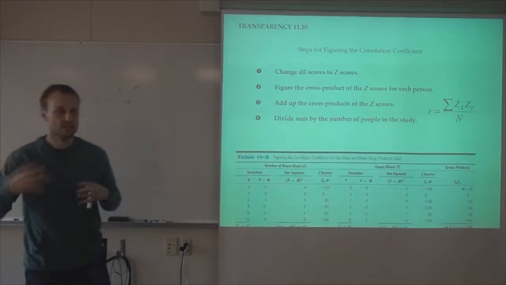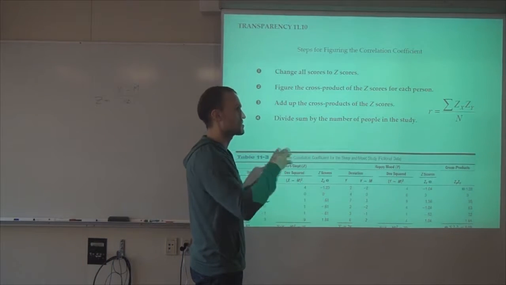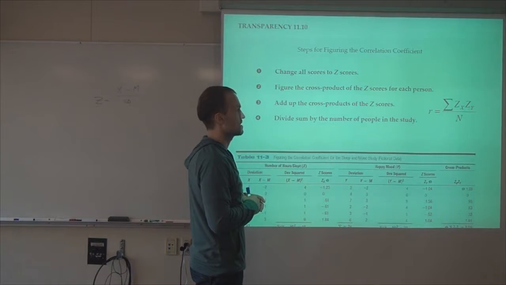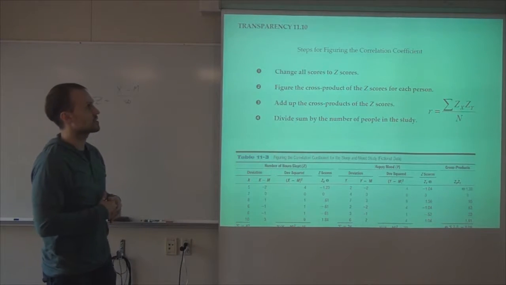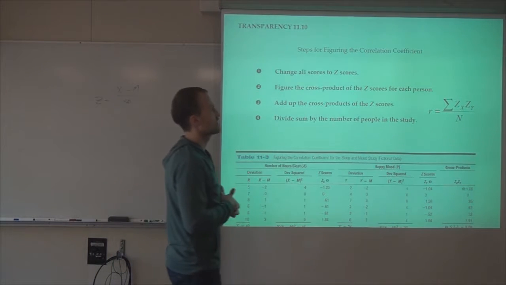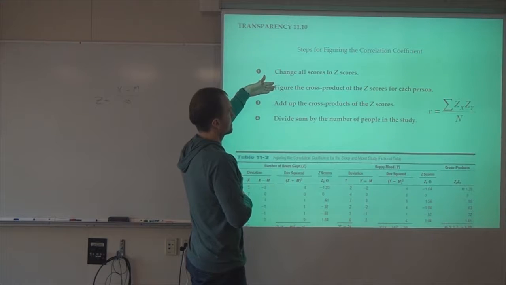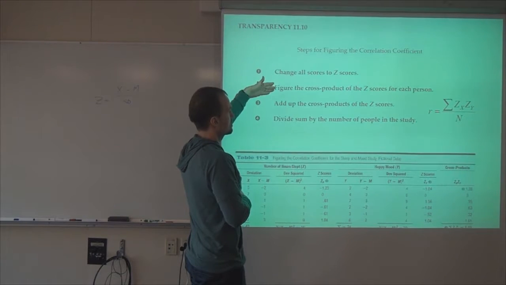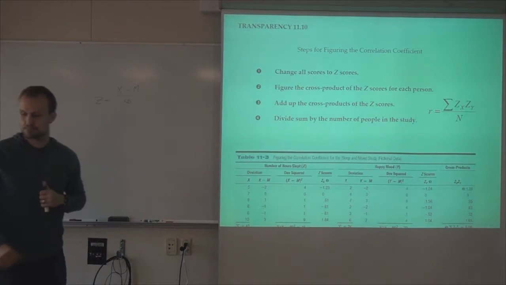I don't want it to blow up just because I take more sample values, so I'm going to average them out instead. So look at the average cross product in a way, and that will be my correlation coefficient, little r. So I change everything to a z-score, calculate the cross product, add them up and divide by how many people there are in the study.